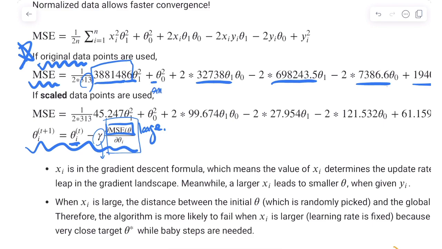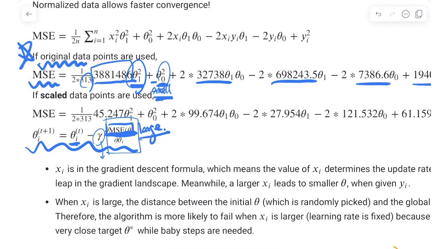So in the directions of theta 1 and theta 0, the value for theta 1 would be large, and for theta 0 it would be small.